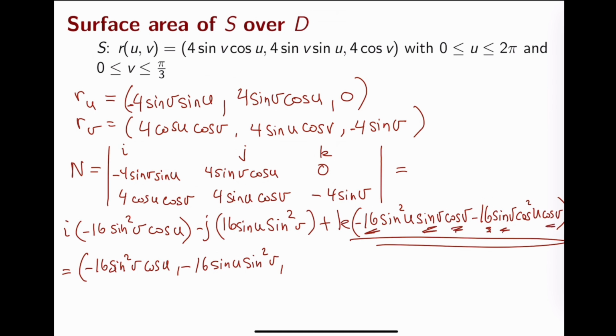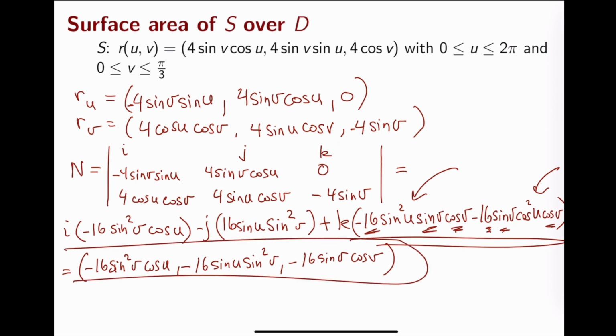Taking all that as a common factor, we get minus 16 sine v cosine v, and inside remains sine squared plus cosine squared, that is just 1, right? So we just don't need to write it down. This will be then the normal vector.